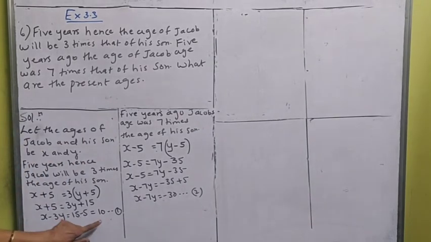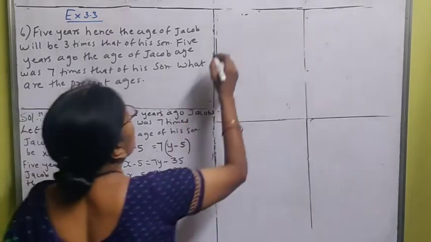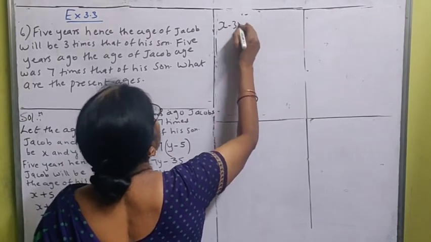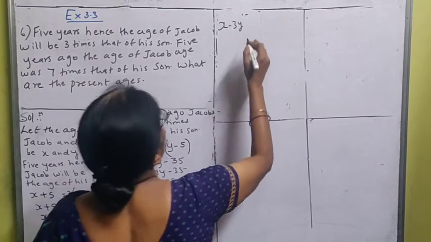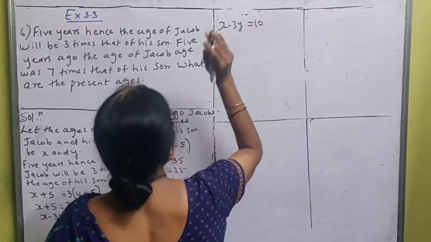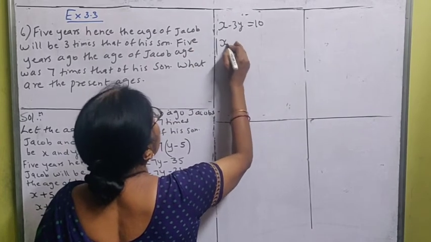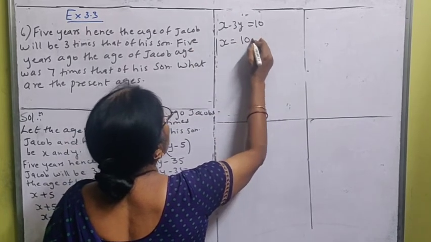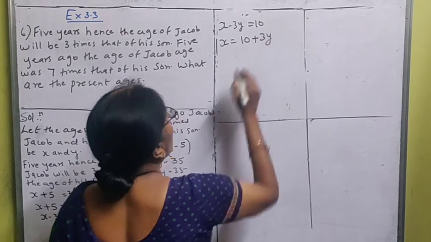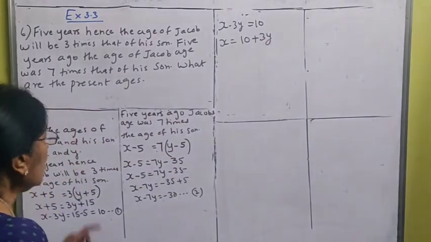I will take the first equation for getting the value of x. So what is the first equation? x minus 3y is equal to 10. So x I will keep on the left hand side. So x is equal to 10 plus 3y. Okay, I got it. Now what I will do?